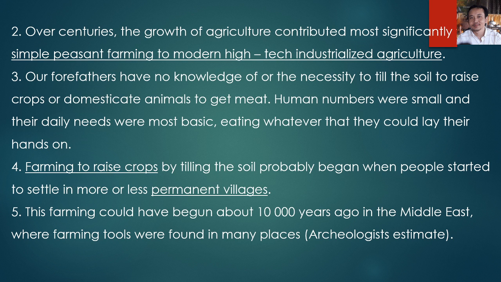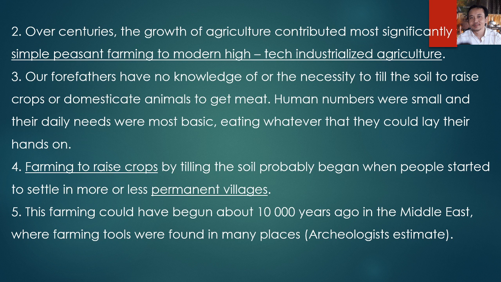And also number five, farming could have begun about 10,000 years ago in the Middle East, where farming tools were found in many places, and also very efficient farming tools.